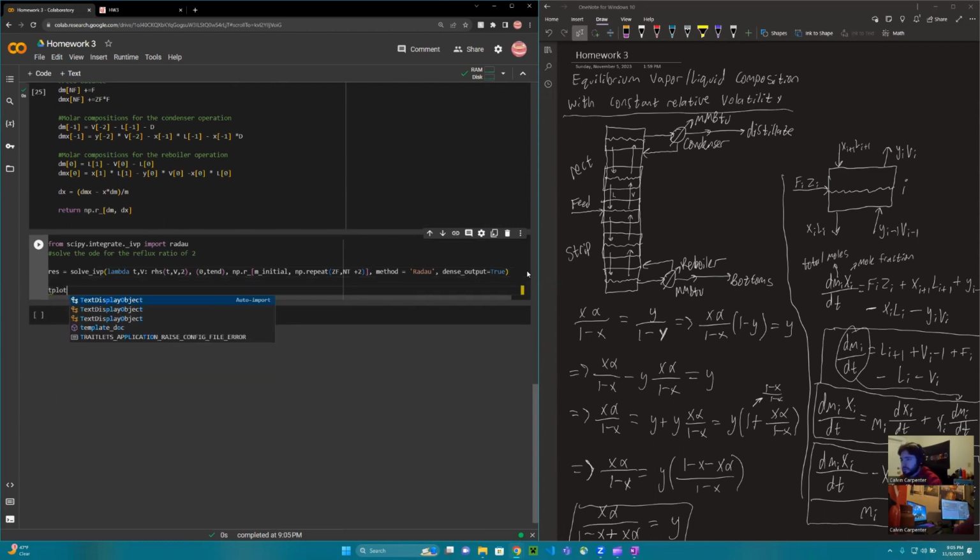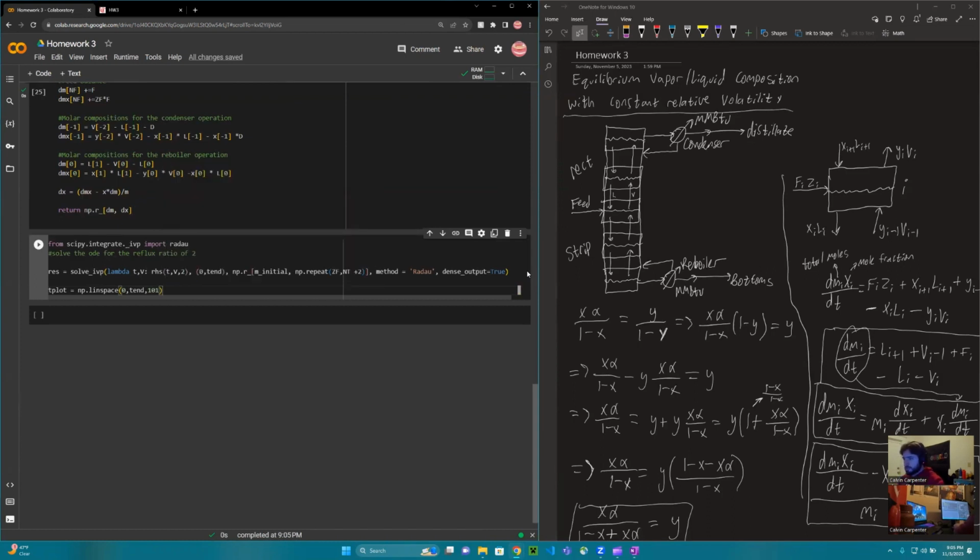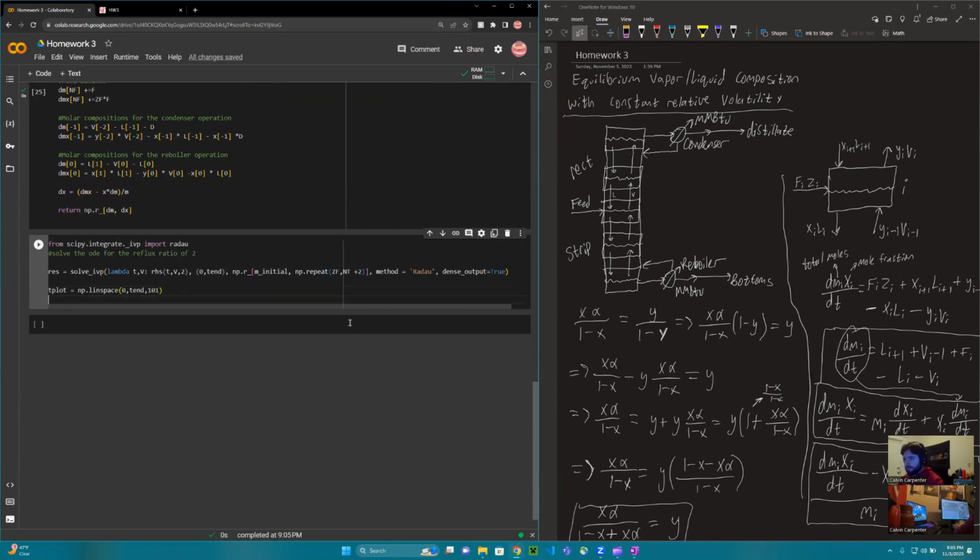So T plot is equal to np.linspace, 0 comma t end comma 101. Okay.